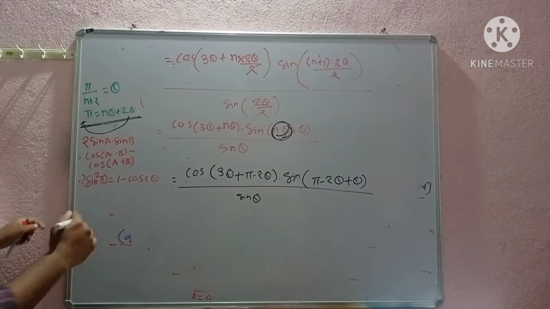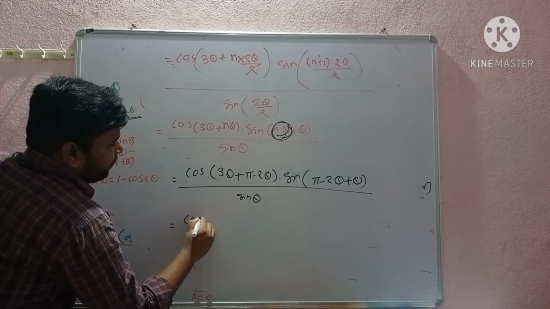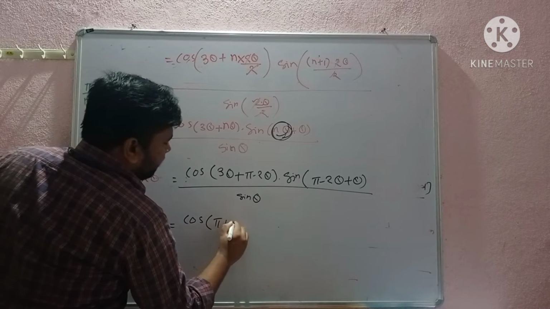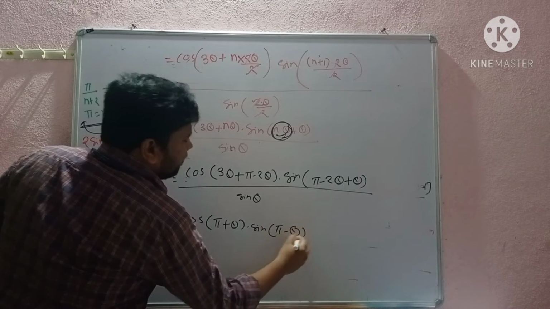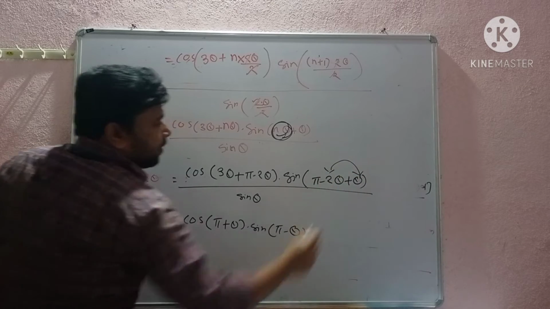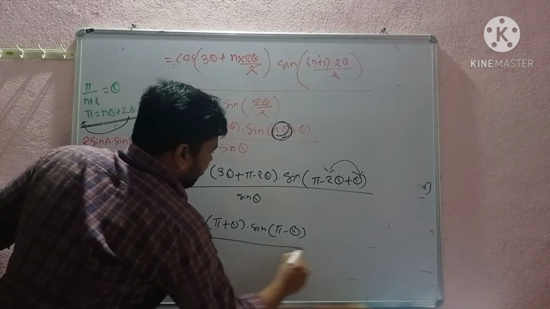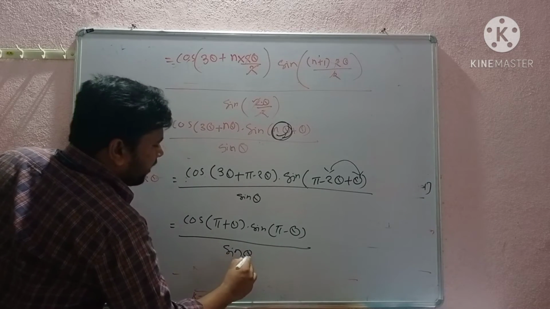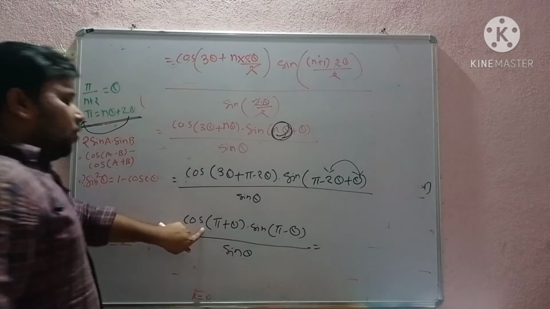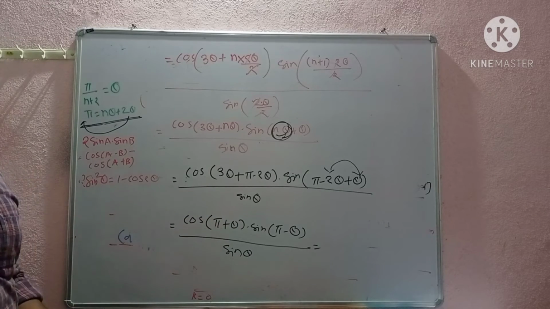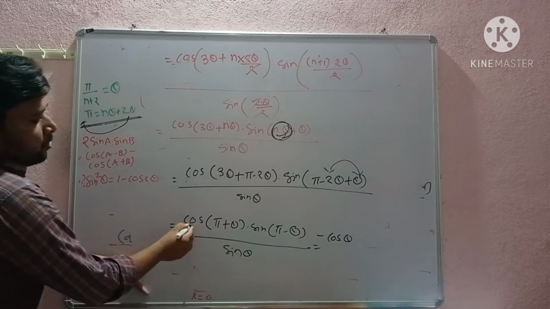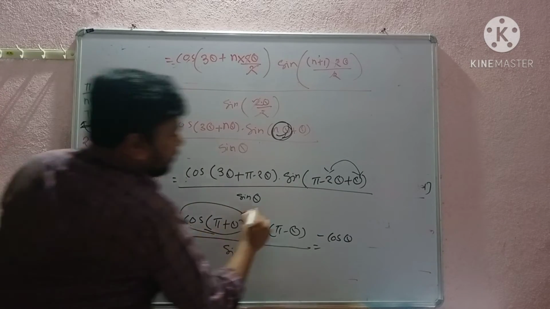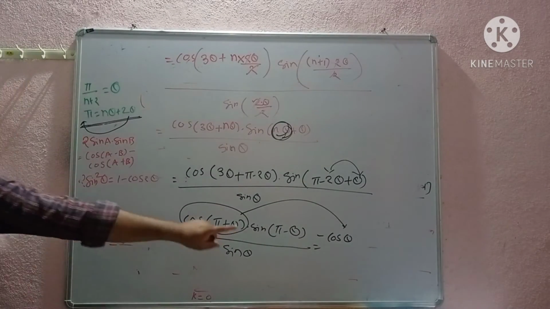Okay, now again simplify. This equation becomes cos (pi plus theta) into sin (pi minus theta), because minus 2 theta plus 2 theta minus theta, divided by sin theta. We know cos (pi plus theta) becomes minus cos theta.